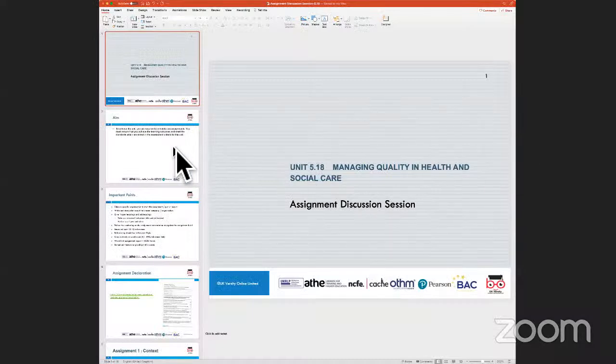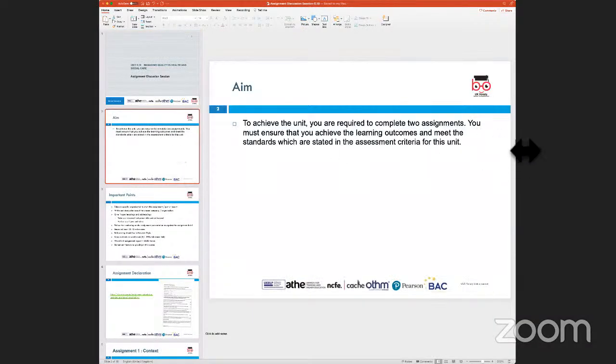Now, a couple of things that we want to look at. When we started the unit, the aim of the unit was essentially that by studying it we would have an understanding of what quality is and what quality means in the context of health and social care.